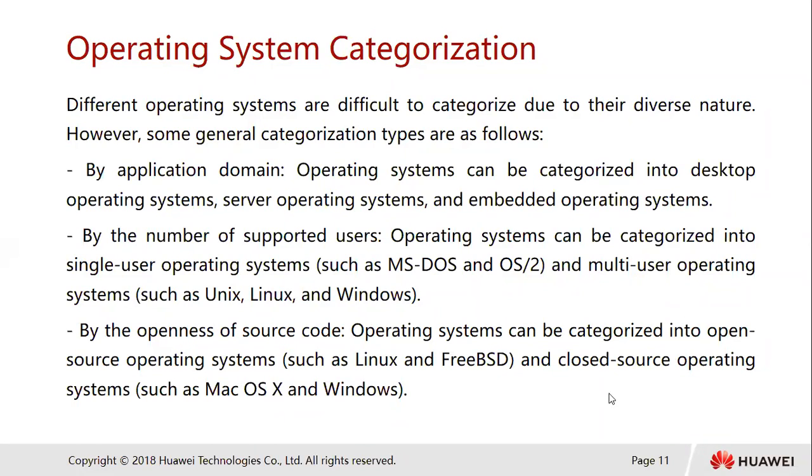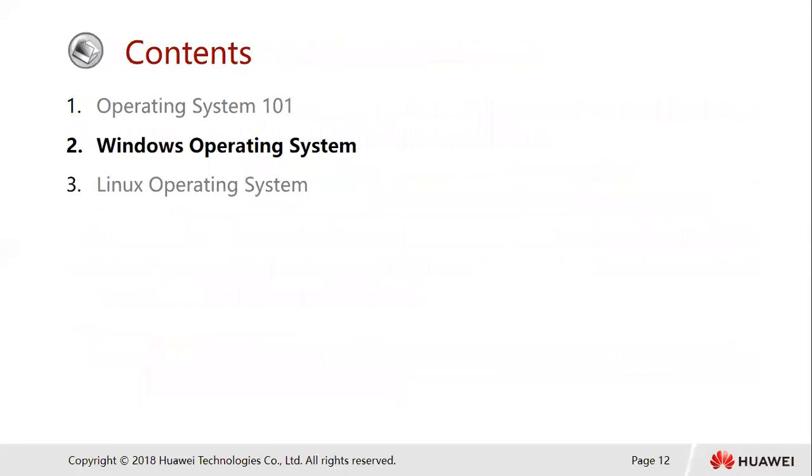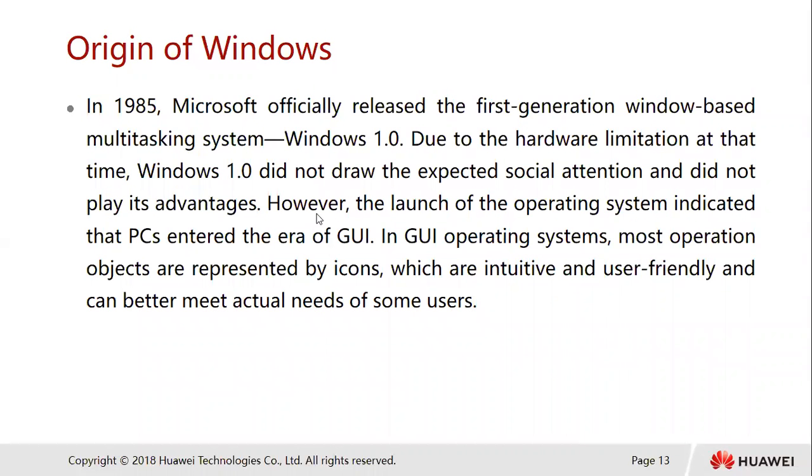And then we have closed source operating systems. These, we don't have access to. Windows is never going to give you access to the code of Windows. That's how it is. Windows operating system: the origin of Windows started in 1985.